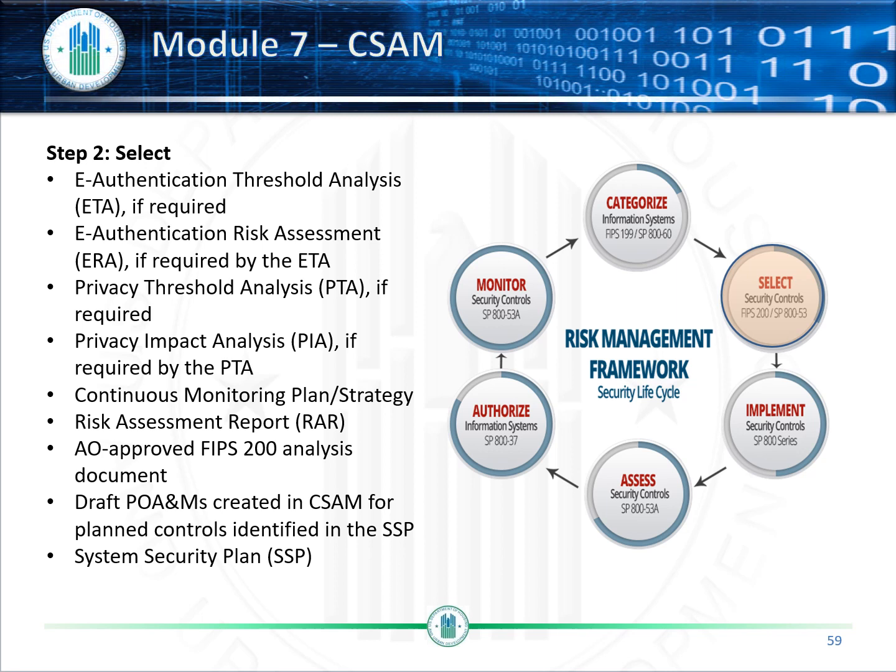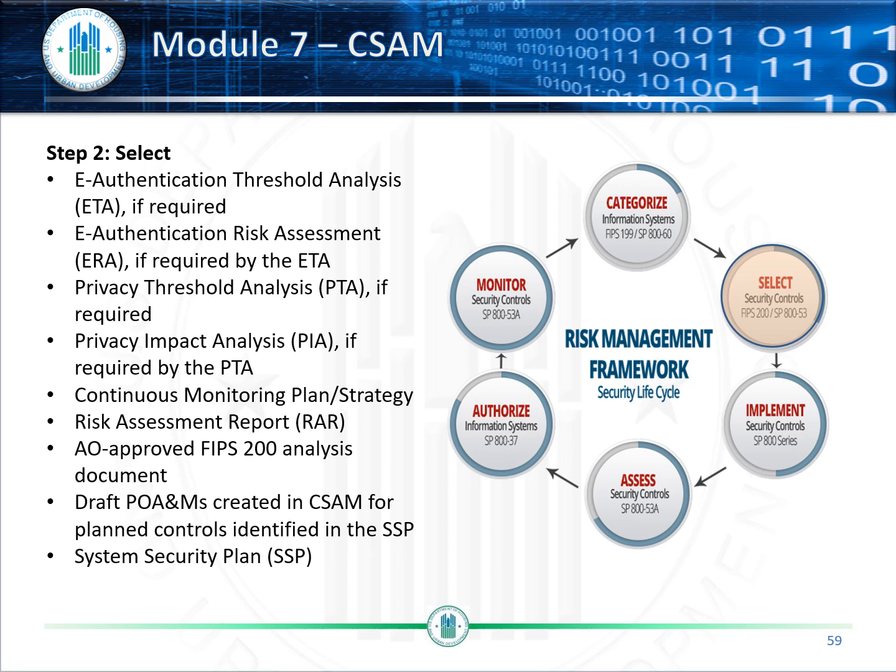The following tasks for step 2 involve coordination among several roles: the system owner, the CIO, the common control providers, security architects and engineers, and the authorizing official. The list shown on the slide identifies key activities and documents that are required to be uploaded to CSAM.